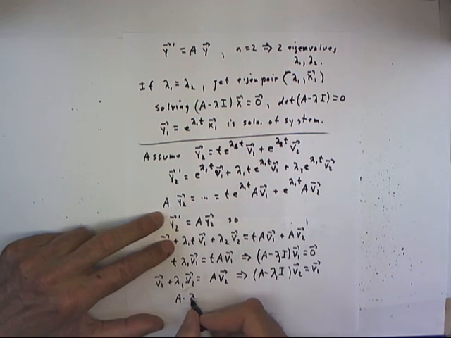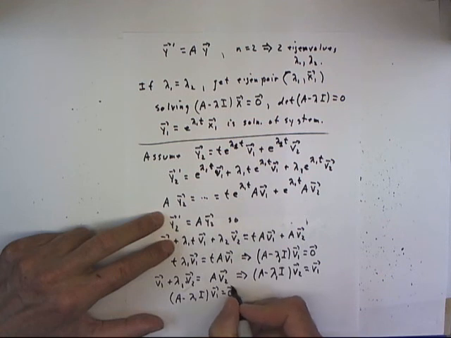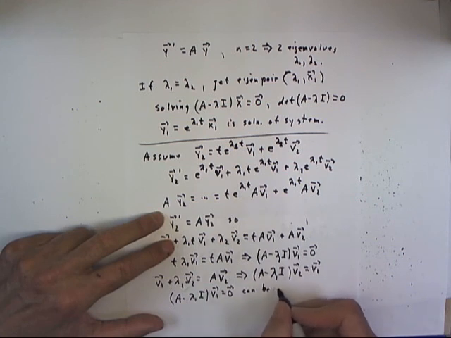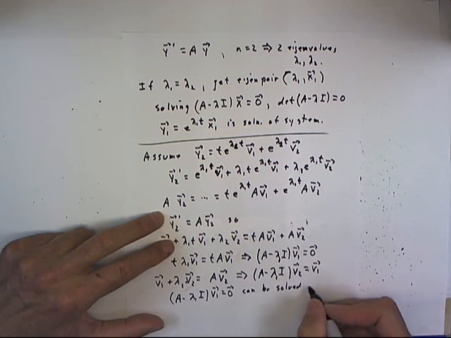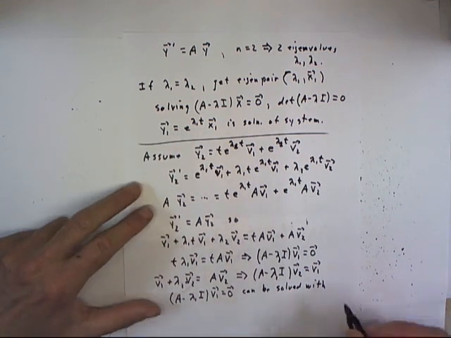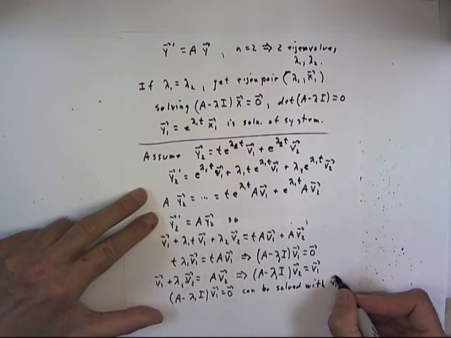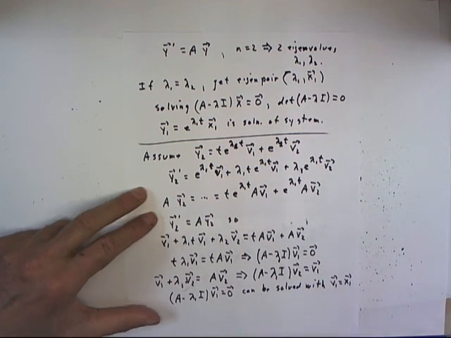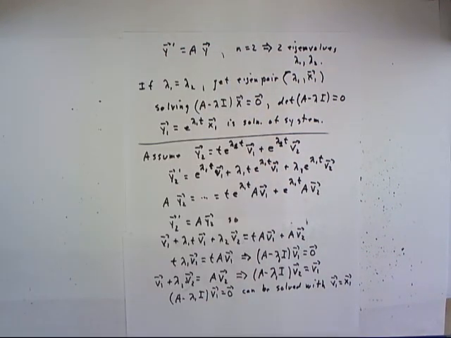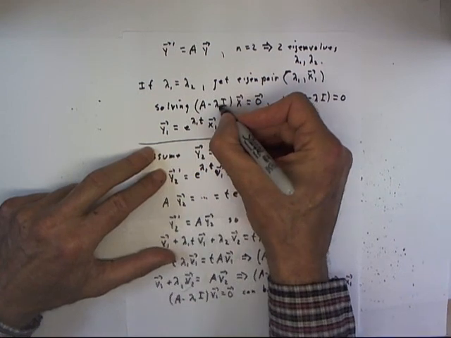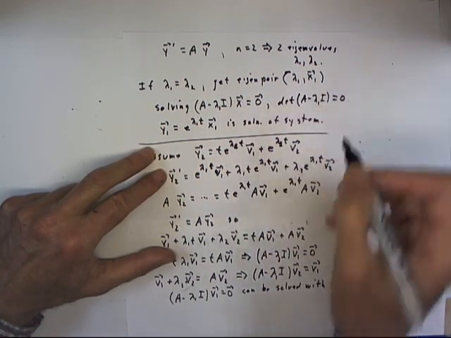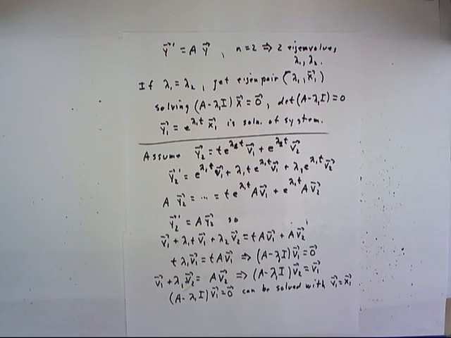A minus lambda 1 I times v1 equals 0 can be solved with the eigenvector x1 obtained from the same equation up here. And I suppose that I should put subscripts on those lambdas as well.